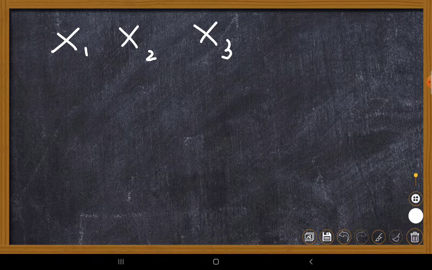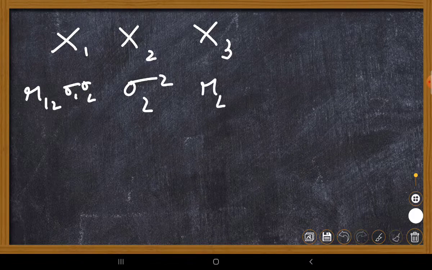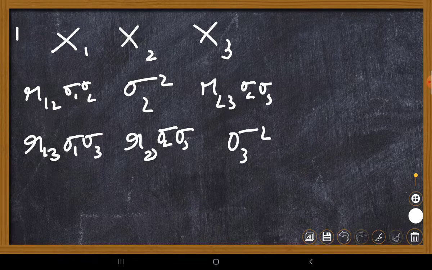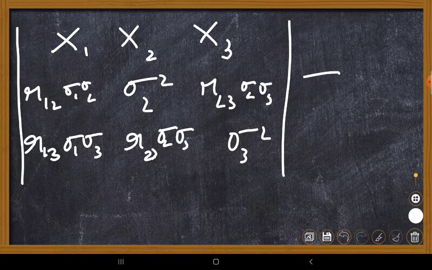And then from equation 5, you will have for the first equation r12 sigma 1 sigma 2, then sigma 2 square, then r23 sigma 2 sigma 3, then you have r13 sigma 1 sigma 3, and then r23 sigma 2 sigma 3, and finally sigma 3 square. So this will be your determinant, and this is equal to 0.